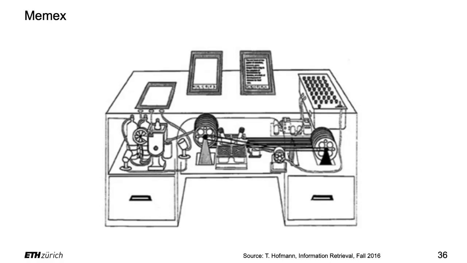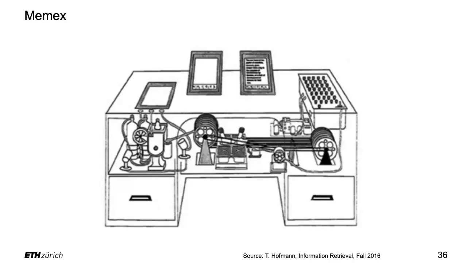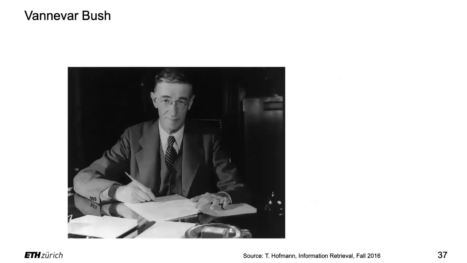But the system would give you all of the information you need. So this is Vannevar Bush who imagined that. And for the time, that was really visionary, from the 1940s, to already envision something like that. Of course, you didn't have transistors and so on back then, but it was mostly mechanical in the thinking.